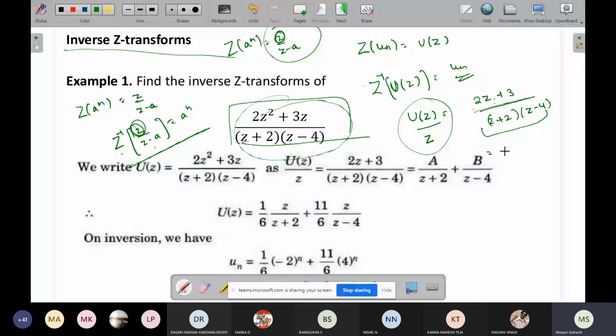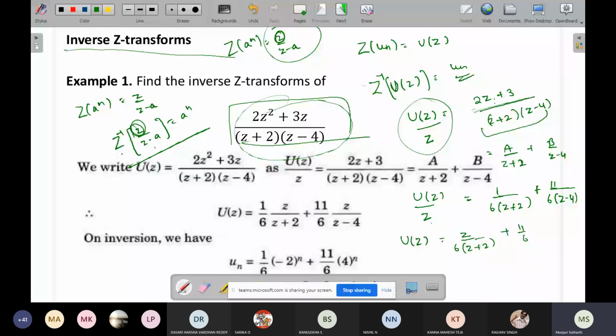When you find it, you will get the value of A as 1 by 6 and the value of B as 11 by 6. Now multiply this Z back into the RHS.